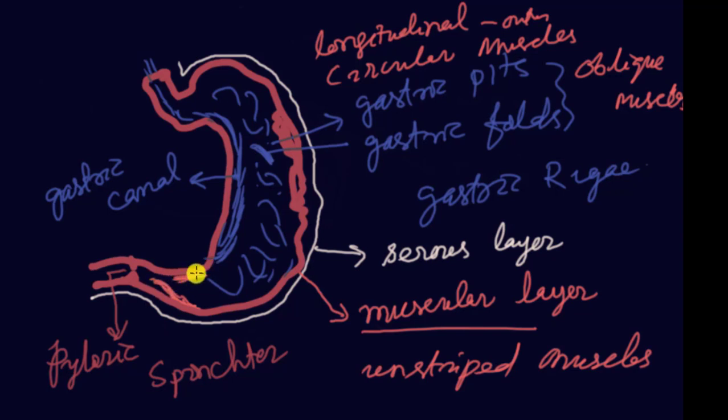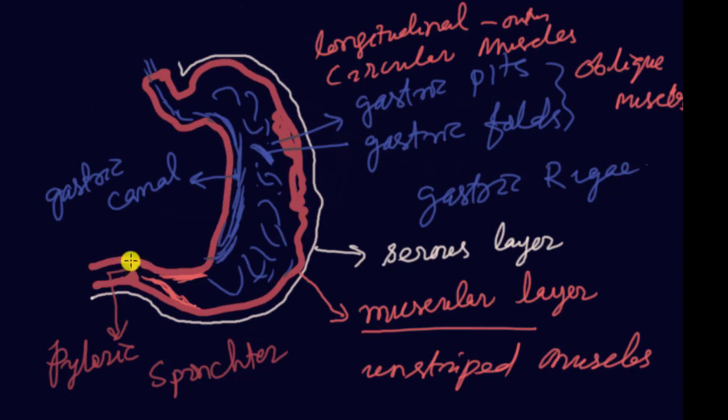At the pyloric end, the longitudinal muscles present at the outer part will pierce the circular muscles and the oblique muscles, go deep, and make the sphincter here. So these longitudinal superficial fibers become the deep fibers. These deep fibers turn inward towards the pylorus end and join with the circular muscle, right?